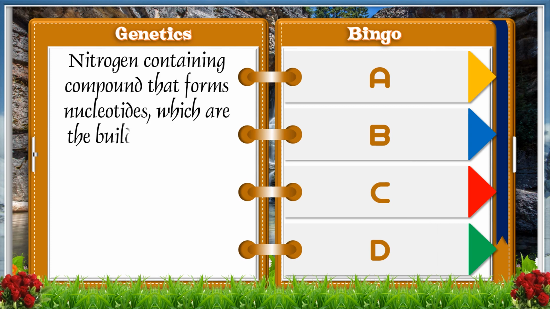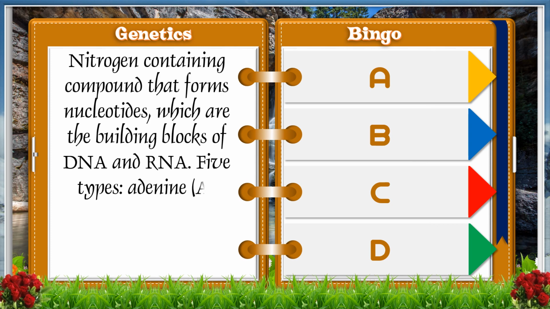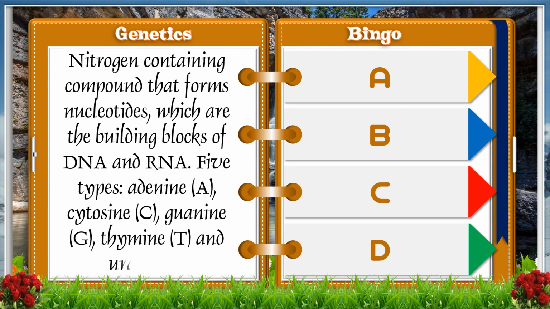Nitrogen containing compound that forms nucleotides, which are the building blocks of DNA and RNA. 5 types: adenine, cytosine, guanine, thymine, and uracil.